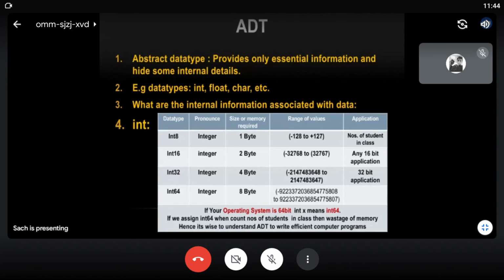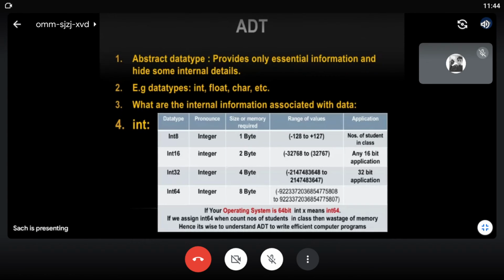INT 32. It is a 32-bit operating system. So when you use 32-bit instructions, then we should assume that we have a 32-bit operating system installed or a higher version of it.